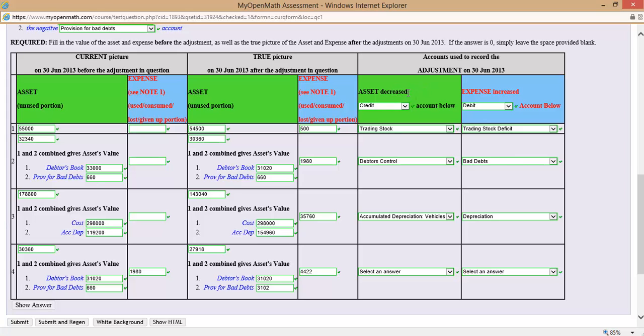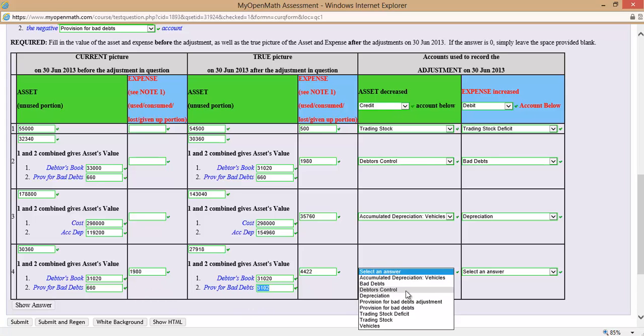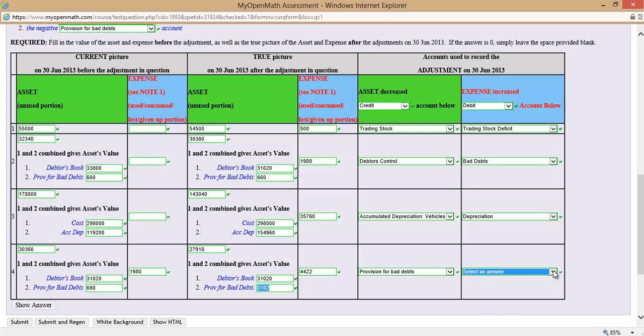The way we're going to decrease the asset with the provision for bad debts is by increasing the provision for bad debts account. So we're going to credit not the debtors control but the negative asset, which is the provision for bad debts, and we're going to debit my provision for bad debts adjustment, which is the expense which increased there, and we're done.